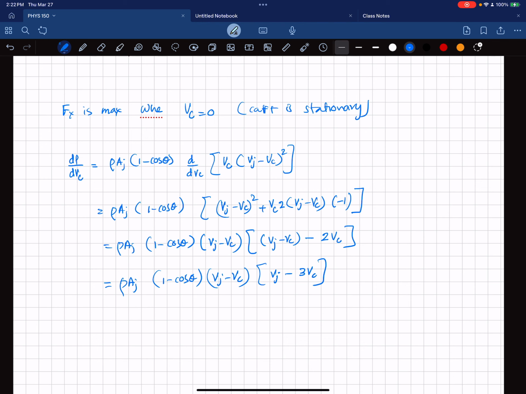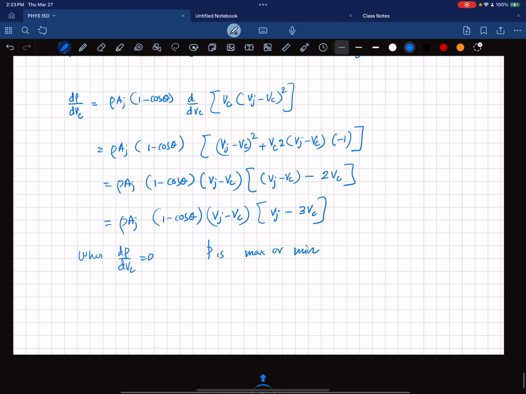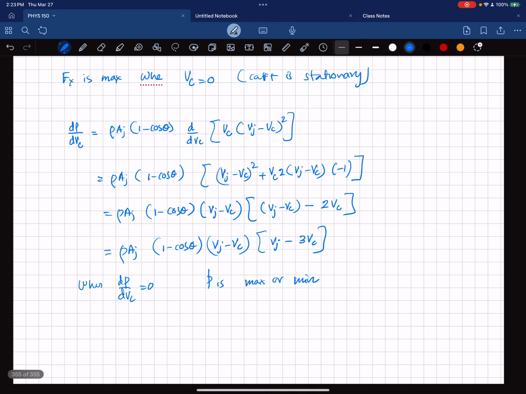So when dP over dVc equals 0, P is max or min, right? There are two values of Vc which make dP over dVc 0.